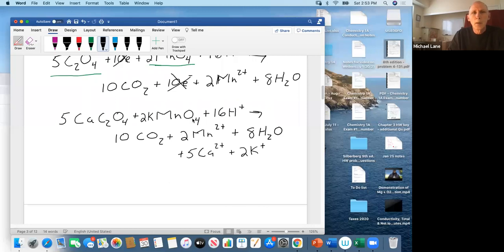There we go. But as I said, the important points of this are going to be this molar ratio between the reacting systems. So that's what's going to be important as we do our stoichiometry in just a little bit.